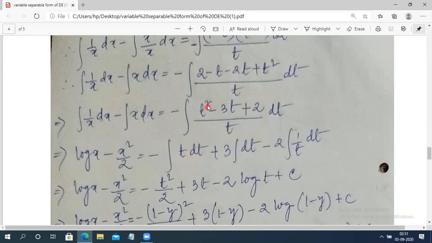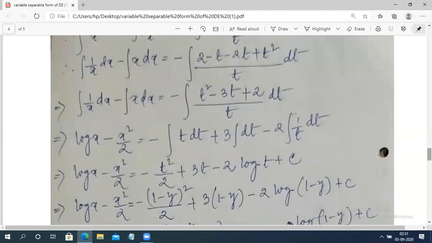Of t and t square, one t will get cancelled and we'll get t dt minus 3 dt plus 2 times 1 by t dt. If we integrate this, we'll get t square by 2 minus 3t plus 2 log of t plus 1 constant of integration c.